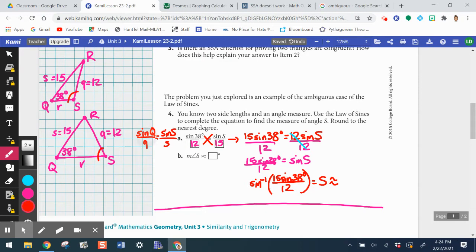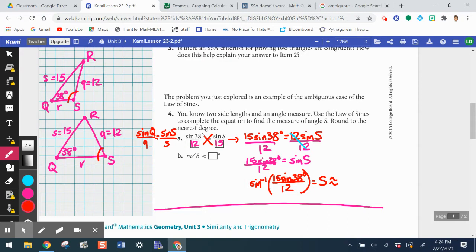So the reason they use the sine of Q over q is we know the measure of angle Q and its opposite side. Regardless of whether RS has this slope or this slope, the distance from R to S, which is lowercase q, is 12. So that's why they use the sine of Q over q equal to, and since we're looking for angle S, we should use the sine of S over s, which again we use for sure because we know the opposite side of angle S, which is 15.